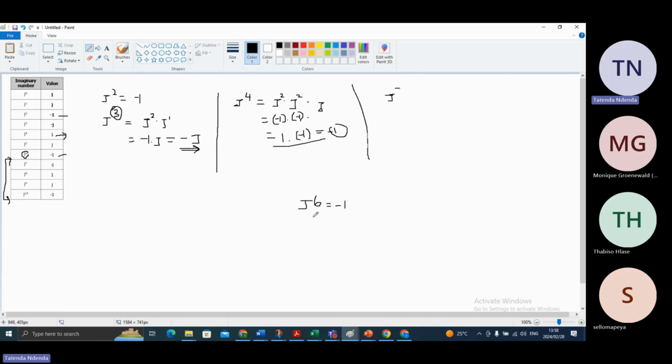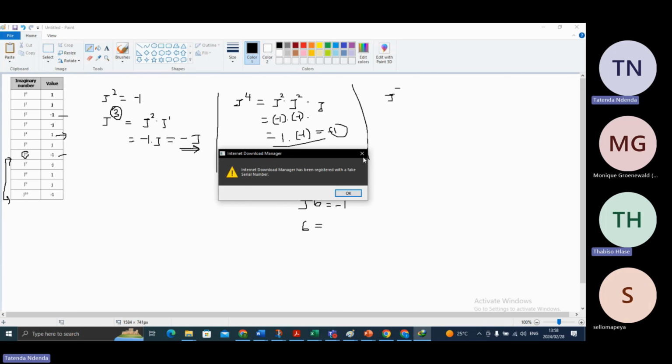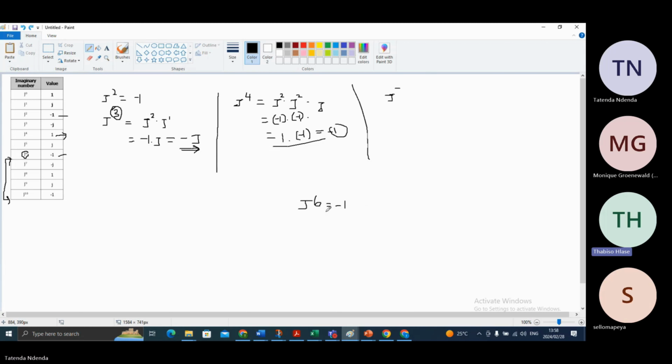Continue to say j is equal to 6 multiplied by my -1. So there's something wrong there, right? So let us do this thing together, because if we don't get the basics of this part, we're going to have a problem.